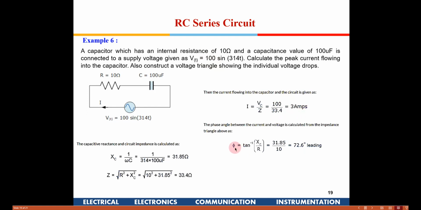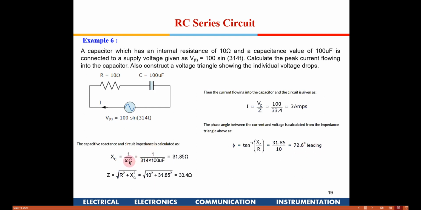And the phase angle, again we use the same formula, Xc divided by R. Xc is 1 by C omega, which we computed, and R. So this is 72.6 leading. Okay. We are not taking the sign here, we are straight away writing it as leading, because we know it is an RC circuit, right.